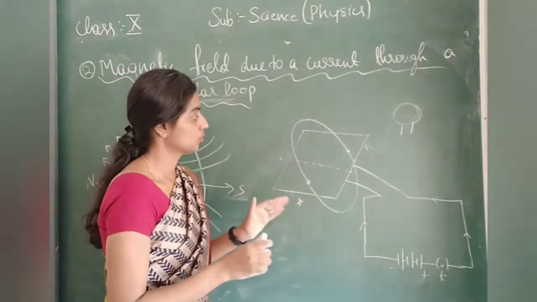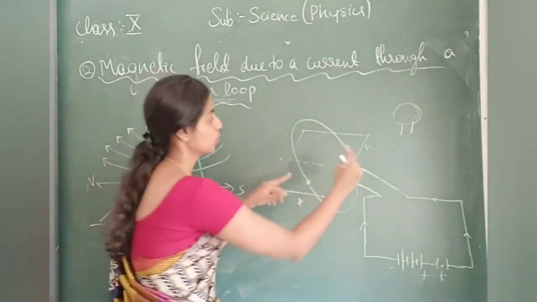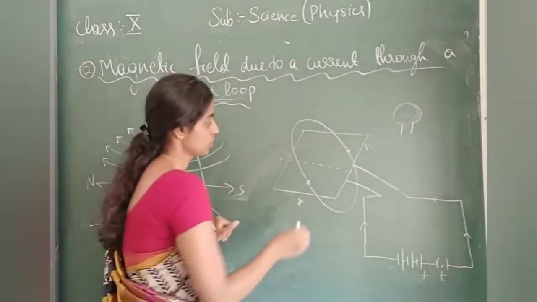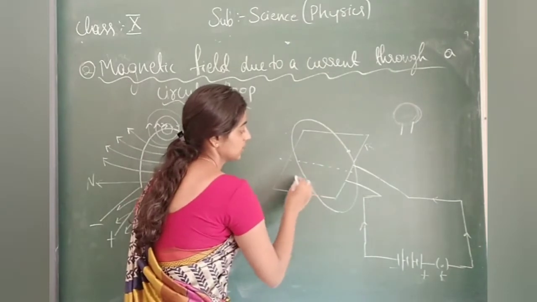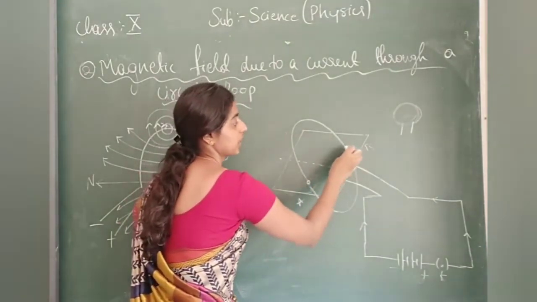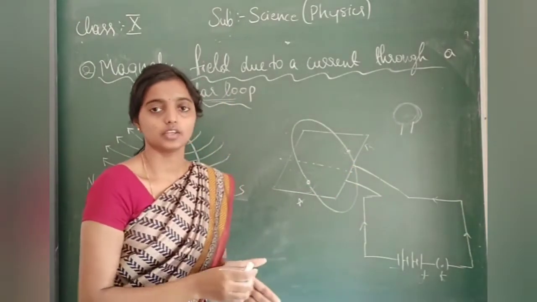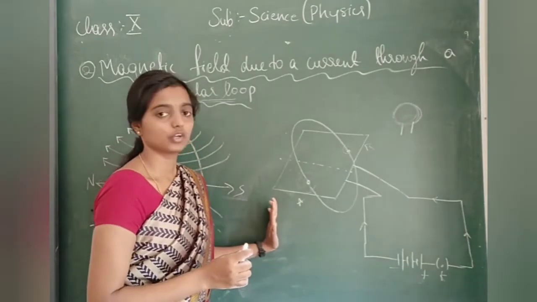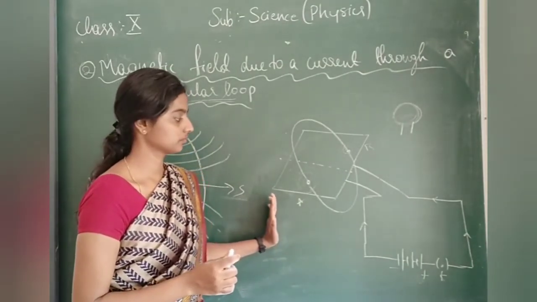Just to understand, let us take any two points, like this end and this end of the copper wire. We will get the pattern of magnetic field, and let us understand through this video how it exactly works. Watch the video and understand carefully.